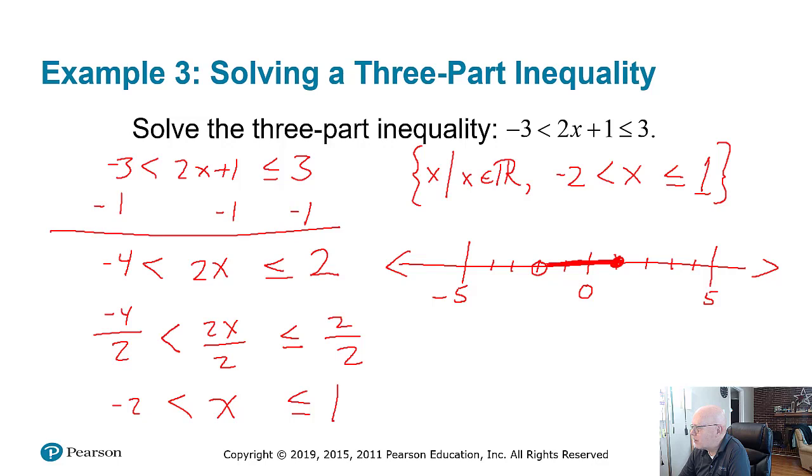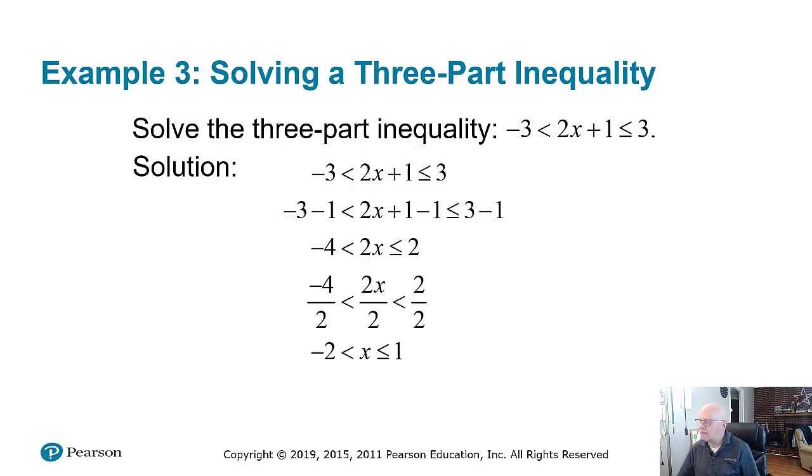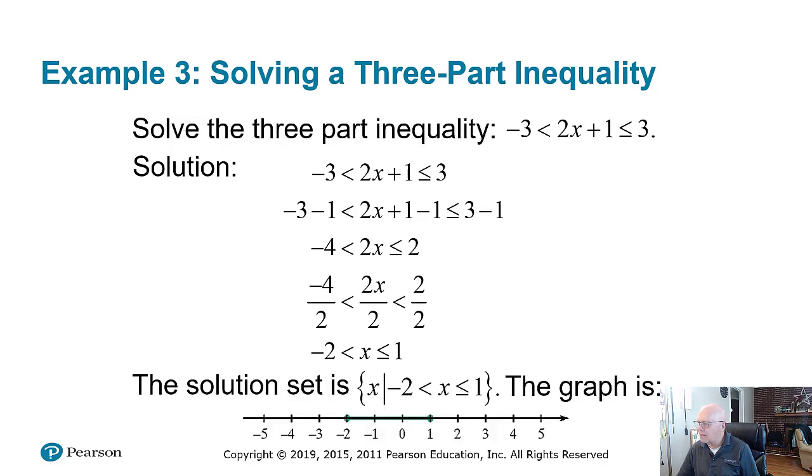Is 0 less than or equal to 1? Yep. You got the right place. And so this one gets you, well, I was going to say a gold star, but a red star will have to do for the time being. All right. And this is how you'd solve it in case you want to go back and check for yourself. And there's your solution set.